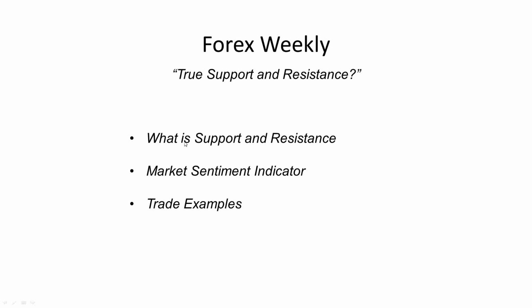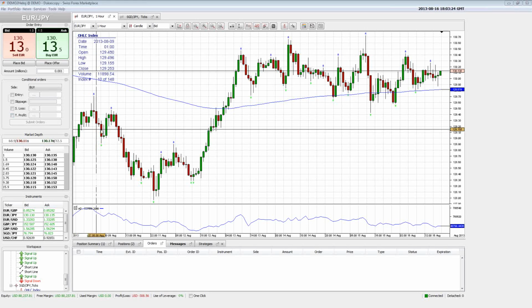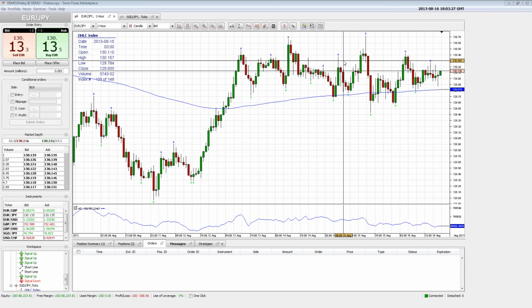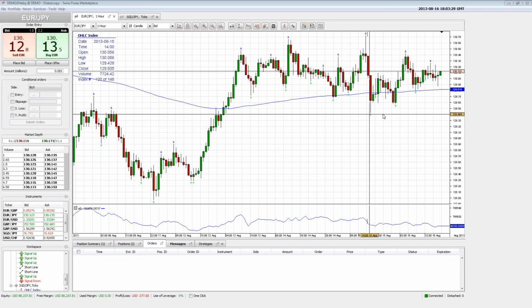Let me go ahead and bring up some charts here. Support, to most traders, is the previous swing low or swing high.